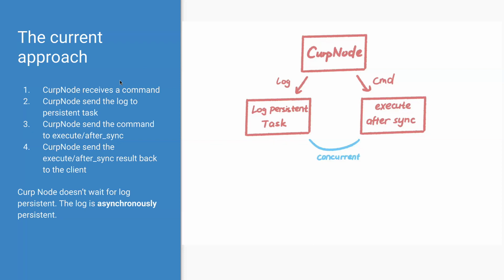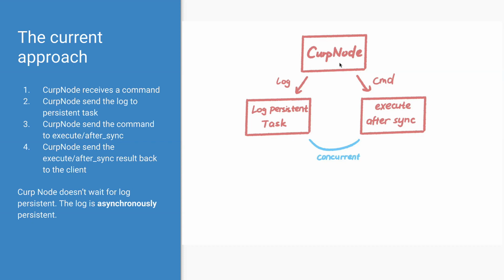I'll first show you the current approach to the log persistence mechanism. In the current implementation, we have a dedicated log persistence task for persisting the logs. It communicates with the curp node through a channel.